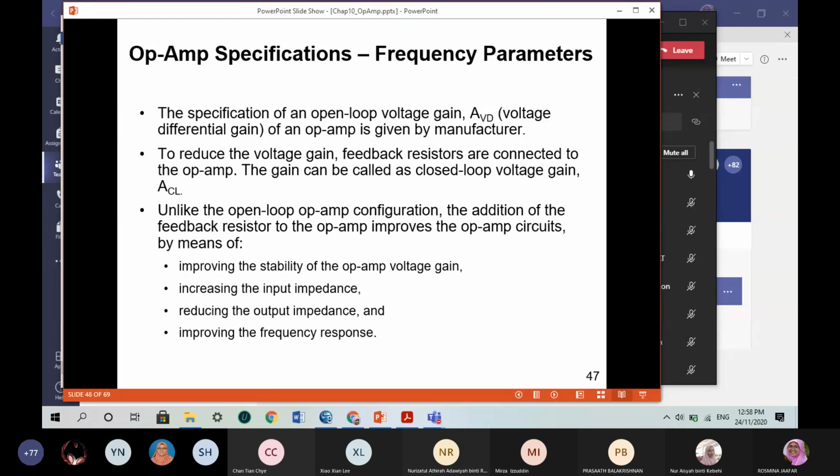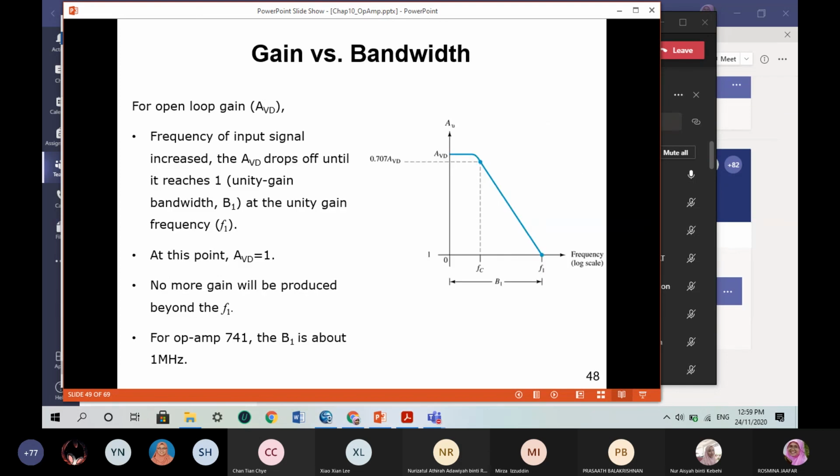Unlike the open loop op-amp configuration, the addition of the feedback resistor improves the op-amp circuit by improving the stability of the voltage gain, increasing the input impedance, reducing the output impedance, and improving the frequency response. This is the gain versus the bandwidth. With increasing frequency, the gain of the op-amp will reduce.